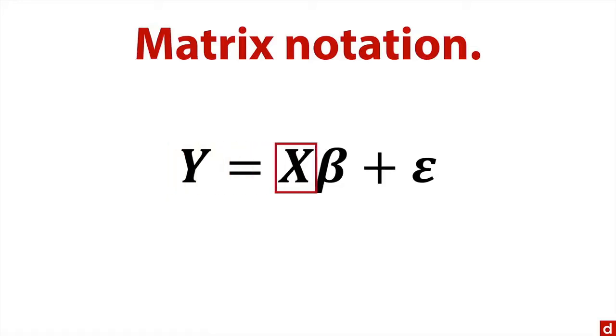This bolded X is the entire matrix of values that each person has on each variable. This bolded beta is all of the regression coefficients. And then this bolded epsilon is the entire vector of error terms. And so it's really a super compact way of representing the entire collection of data and coefficients that you use in predicting values.